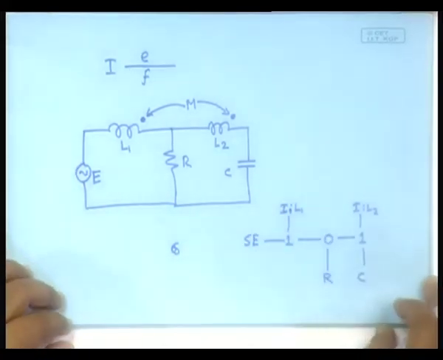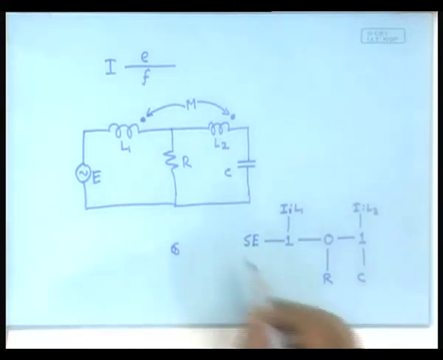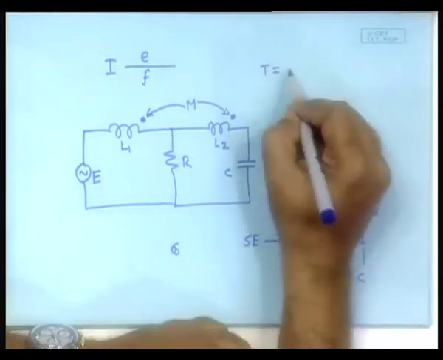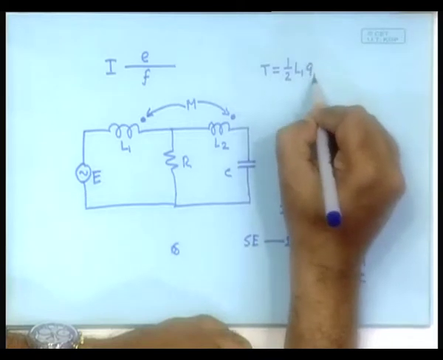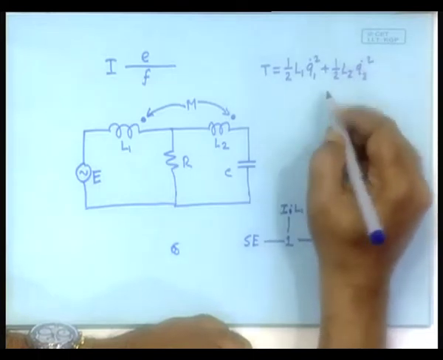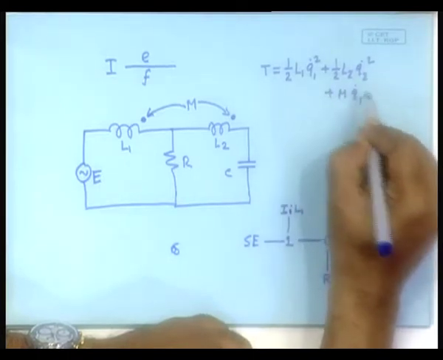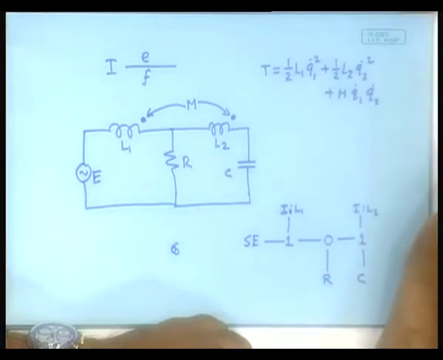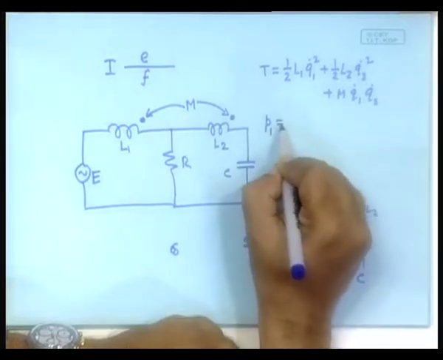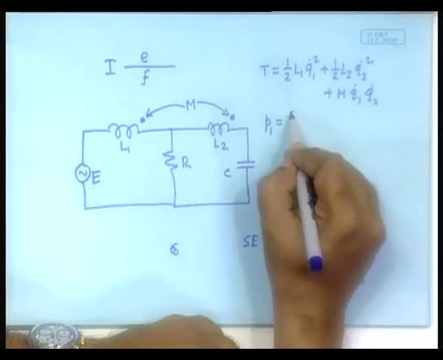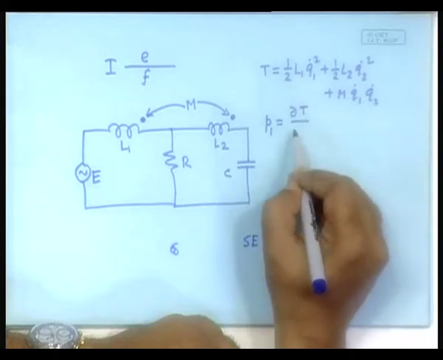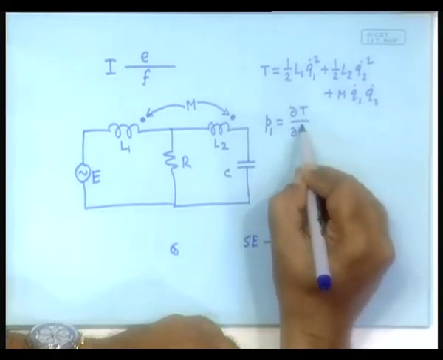In order to probe that, let us get back to the kinetic energy of this whole system. The kinetic energy T is half L1 q1 dot square plus half L2 q2 dot square plus m q1 dot q2 dot. Your momentum P1 is the derivative of the Lagrangian, which is the same as T in this case, with respect to q1 dot.